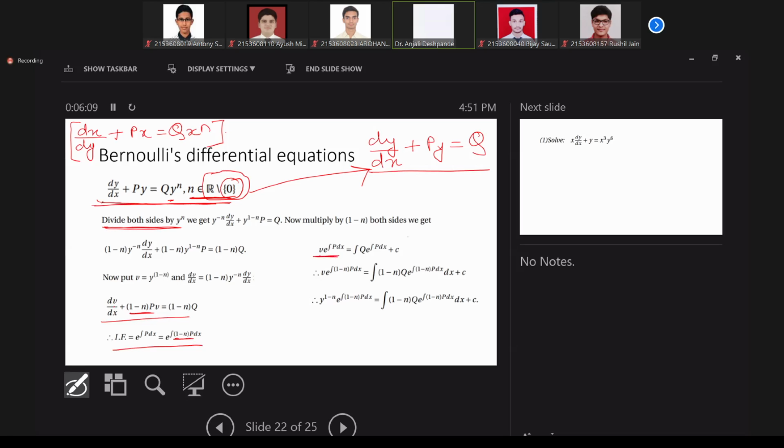Now our dependent variable is v. So v into integrating factor is equal to integration of q into integrating factor plus c. And remember, whenever we are saying integrating factor, now this 1 minus n also you have to multiply. That is a very important step, so you don't have to forget it. And then you just integrate and you will get the solution.